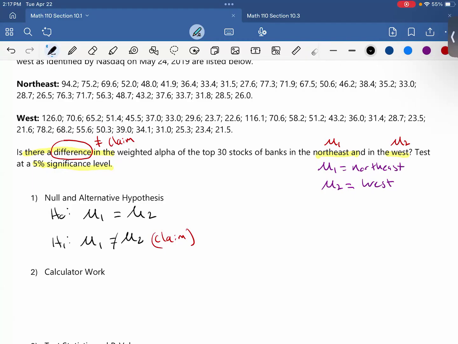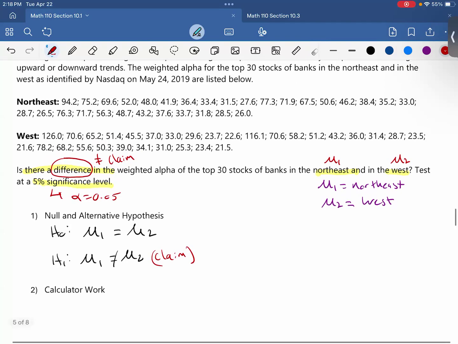A couple of things before we get going. 5% significance level means alpha is 0.05. Another thing to observe for this question is we're given a list of data for both populations, Northeast data and West data, 30 each.